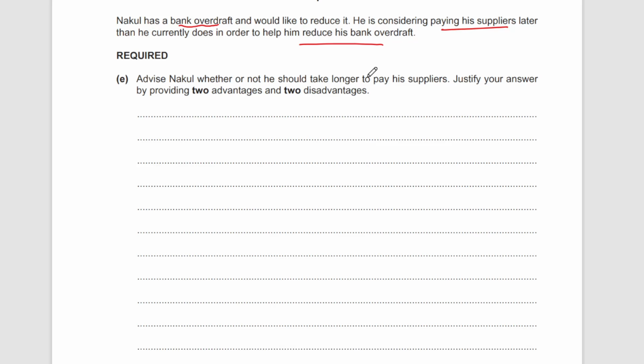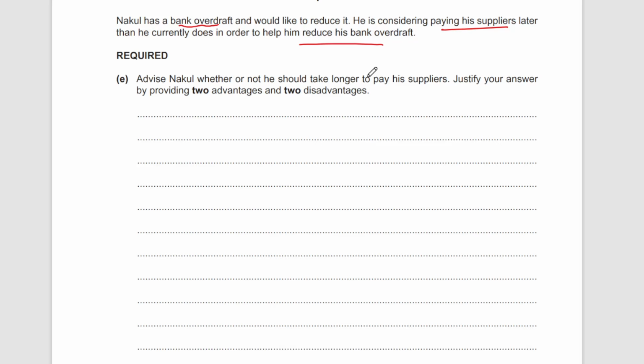But on the other hand, more importantly, by not paying the supplier, he will deteriorate or let's say damage the relationship with suppliers. The suppliers may deny further supplies on credit. It will also lead to, let's say, bad reputation. The whole market knows that this guy doesn't pay the suppliers, and so suppliers will be reluctant to supply you further, right? And that may lead to business failure.